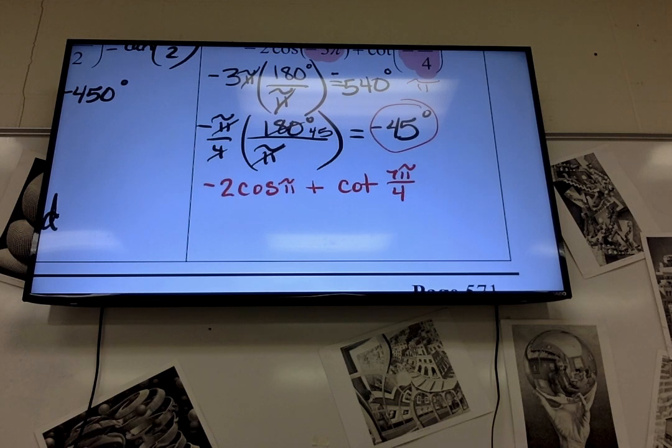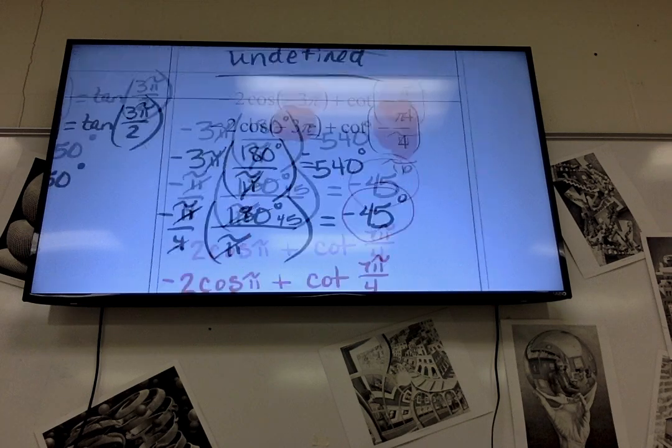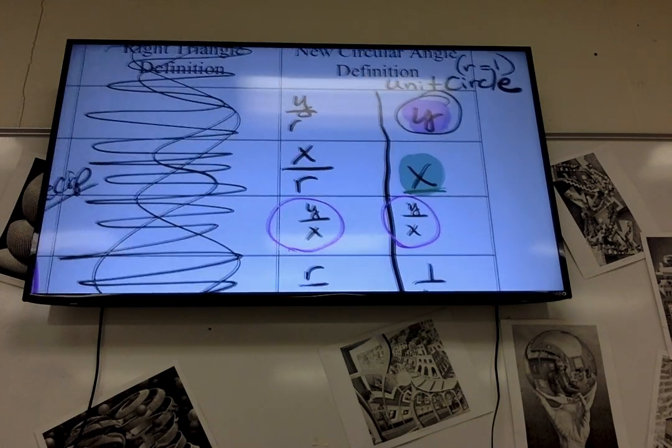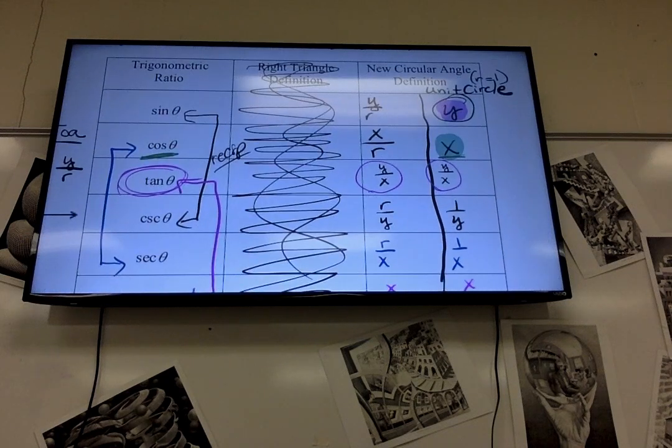Okay, cosine of pi. So now we look at the unit circle. Now all of these are actually on the unit circle since I went back and found them. So cosine is which coordinate? According to this up here. Which one is cosine for a unit circle? X. Yep, thank you.